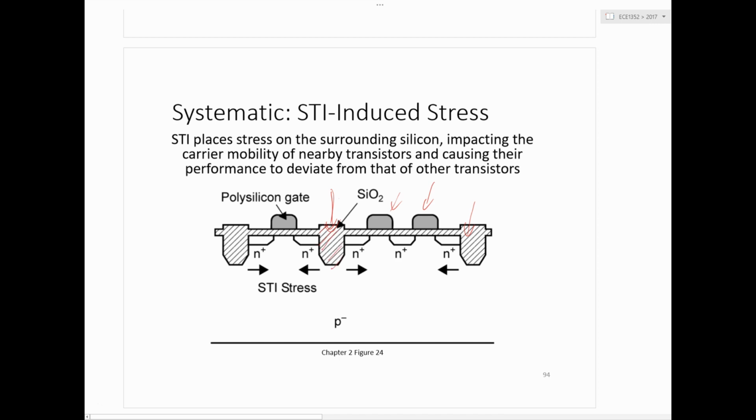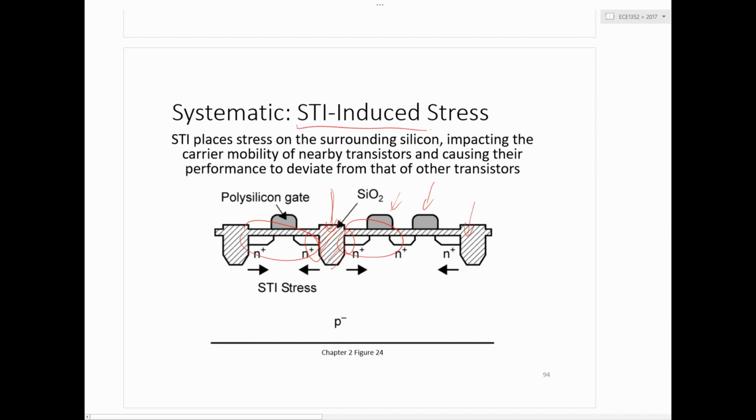And the way they're manufactured, when these trenches are etched into the silicon, it creates stress on the crystalline structure immediately surrounding the trench. Even without being an expert in physics, that's not hard to imagine. So that stress, that strain put on the crystalline structure, changes the carrier mobility around there. What it means is that the transistor over here has slightly different properties than the transistor over here that's impacted by this stress on both sides.